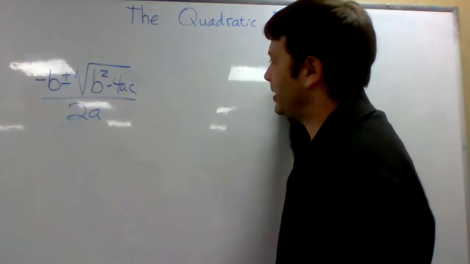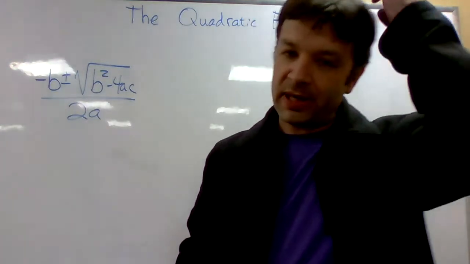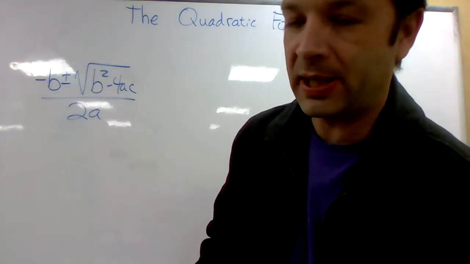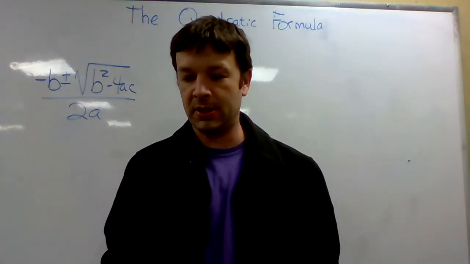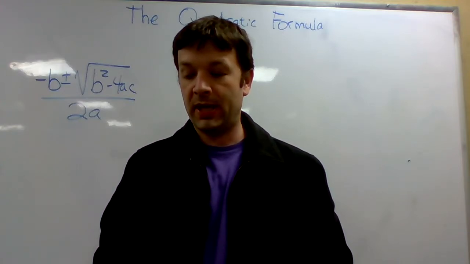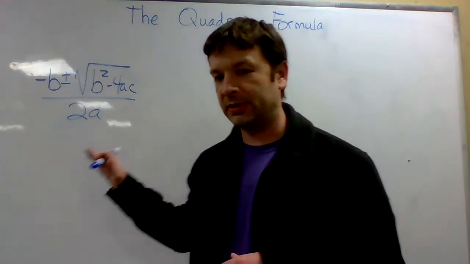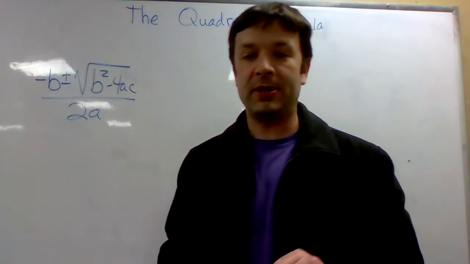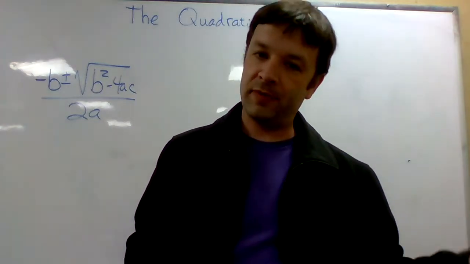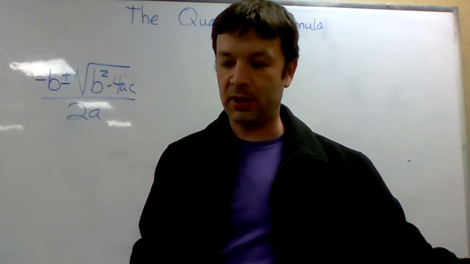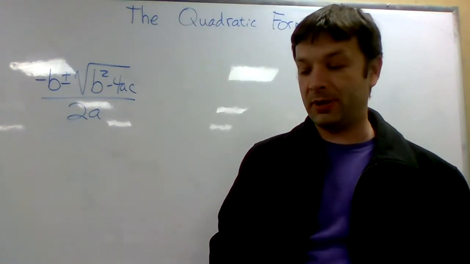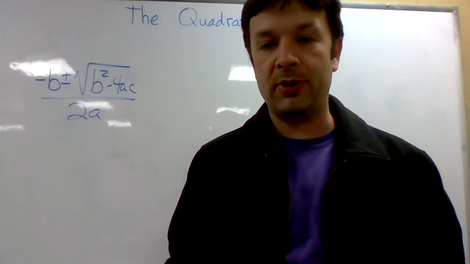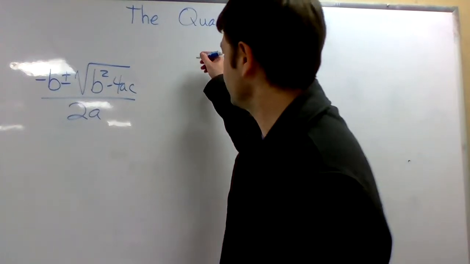On number one, they're not asking us to solve it. It's kind of like the warm-up. They're just asking us to say what A, B, and C are. A is the number in front of the x squared. B is the number in front of the x. C is the other number, the constant. On number one, there's not really anything for me to do, so I'm just going to talk through it. There's no number on the x squared.